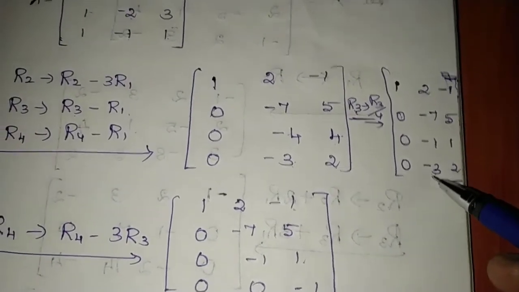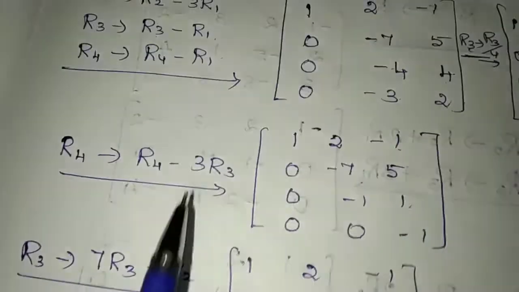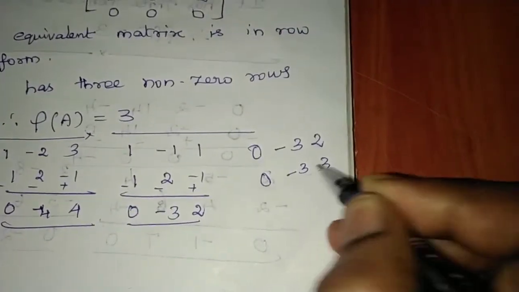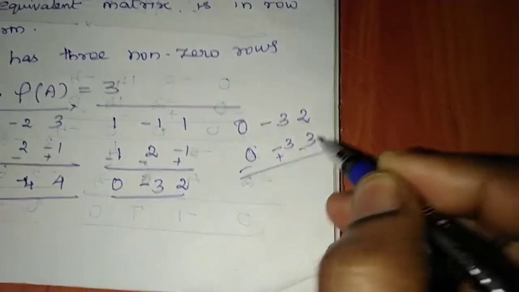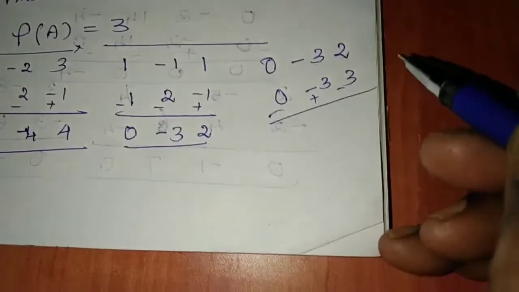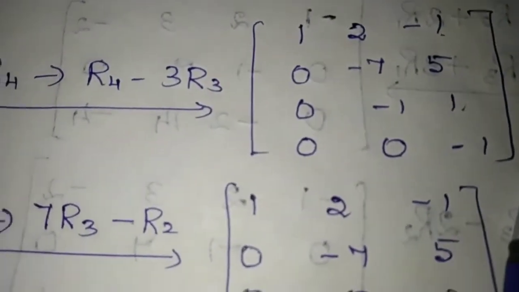R4 minus 3R3: 3R3 means 0, minus 3, 3, and subtract the value, minus, plus, minus. We get 0, 0, minus 1.